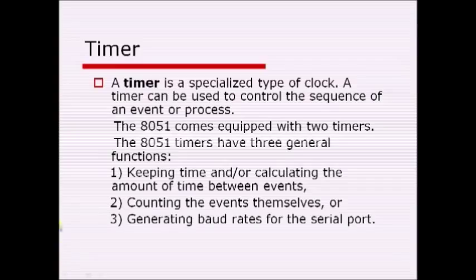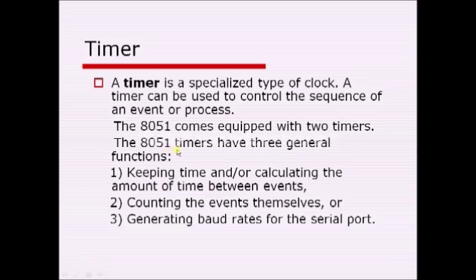These timers are 16-bit registers, and there are totally 2 timers inside this 8051, called timer 0 and timer 1. Both timer 0 and timer 1 registers are 16-bit registers.